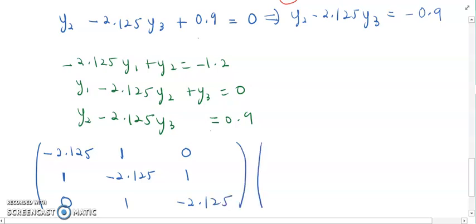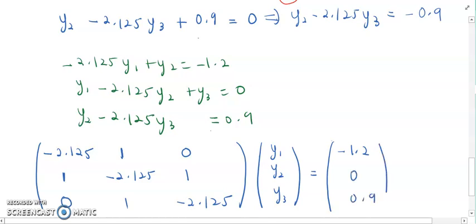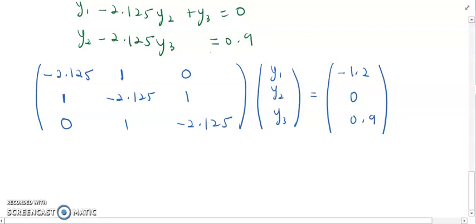And our variables are y1, y2, and y3, equal to the last vector, the constant values: negative 1.2, 0, and 0.9. So this is our matrix A, vector Y, and vector B.